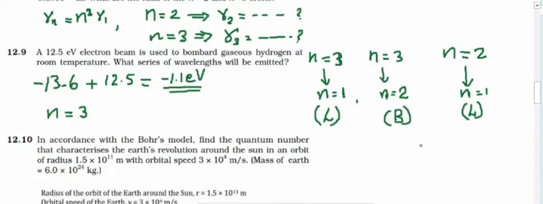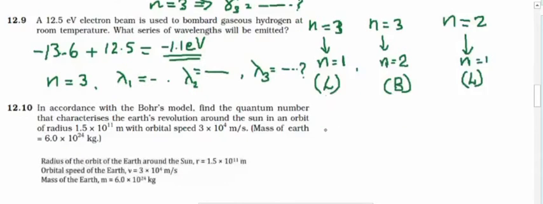So these are the possibilities. Now in each case, the question is what series of wavelengths will be emitted, you can calculate the wavelengths in each case. You can find the wavelength lambda 1, then lambda 2, and lambda 3. All three wavelengths you can calculate by applying suitable equations for Lyman series and Balmer series.